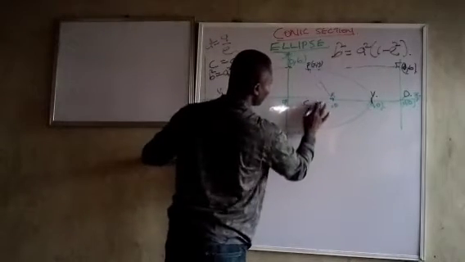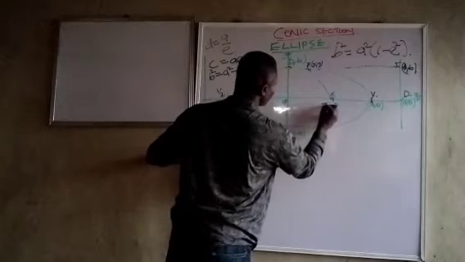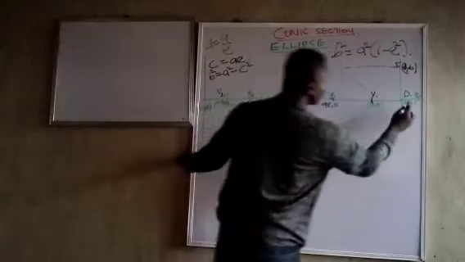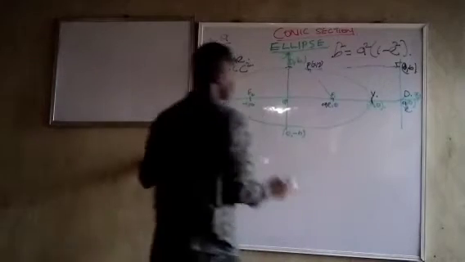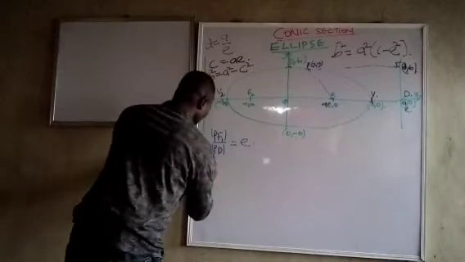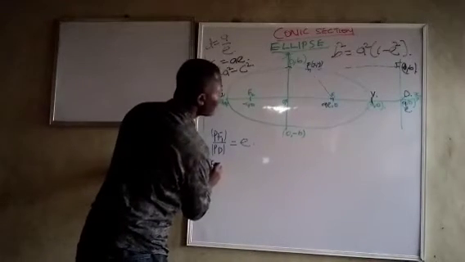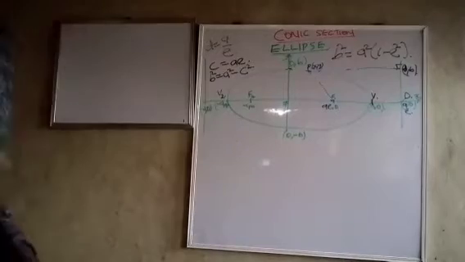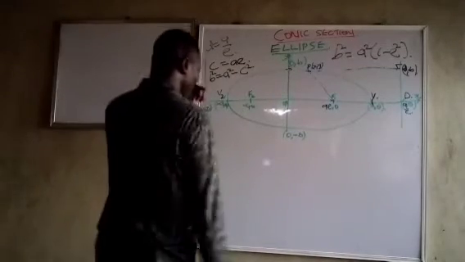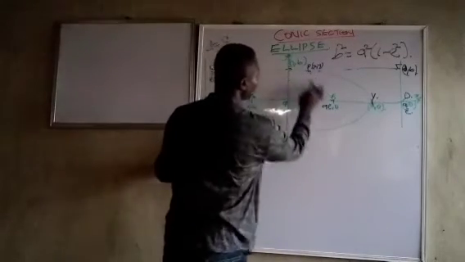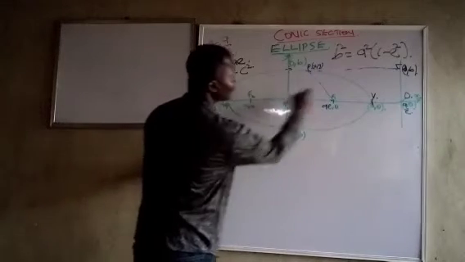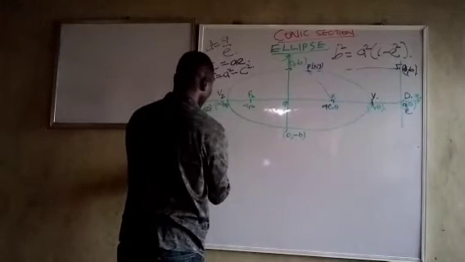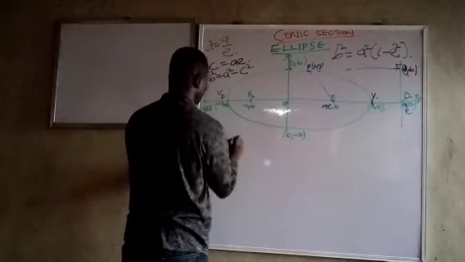Let's change it to ae straight, and let's change this one to a over e so that we don't waste time. So we have x minus ae. Now to derive the equation, we know the distance, so we can say PF1 over PD, that is the perpendicular distance, is equal to E.